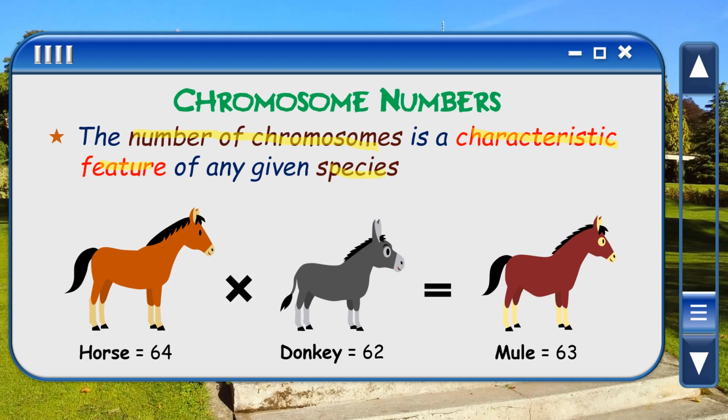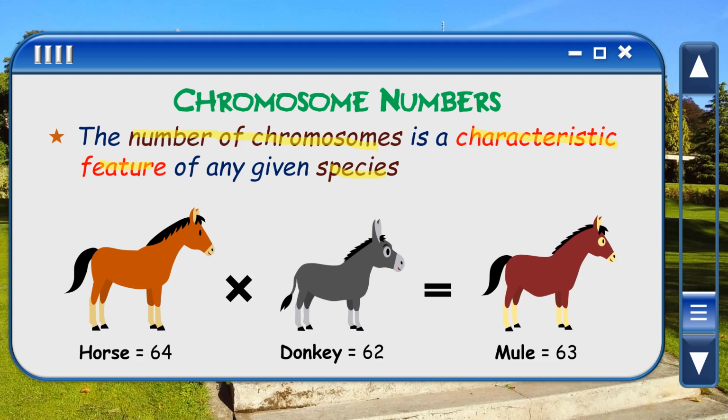So here what we are saying is that any particular species can be identified by that characteristic feature, and that characteristic feature is the number of chromosomes it has. So that's why we are saying the number of chromosomes is a characteristic feature of a given species.